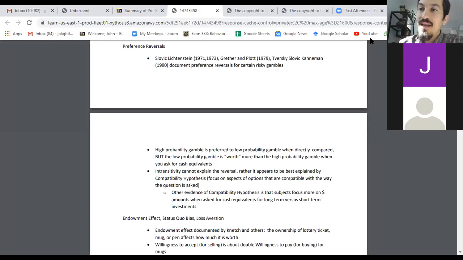Because of that evidence, the conclusion seems to be what's called the compatibility hypothesis. The compatibility hypothesis says you focus on those aspects of the question you're answering that are most compatible with the way the question was asked, or the options that were asked.